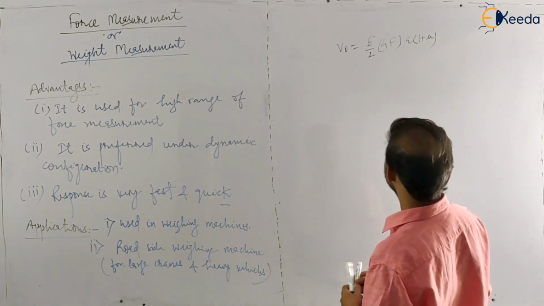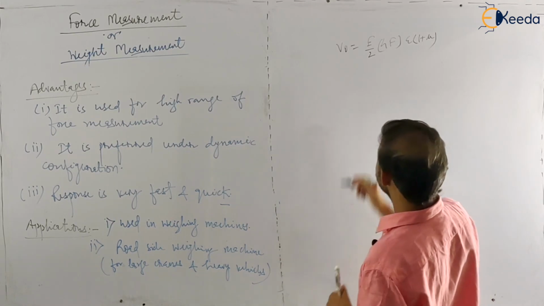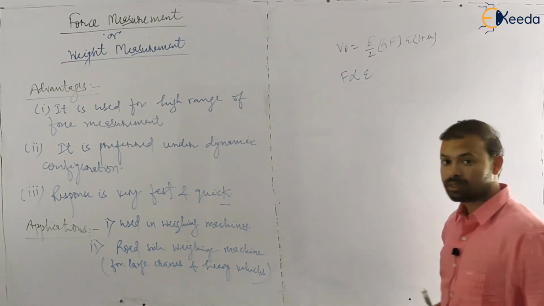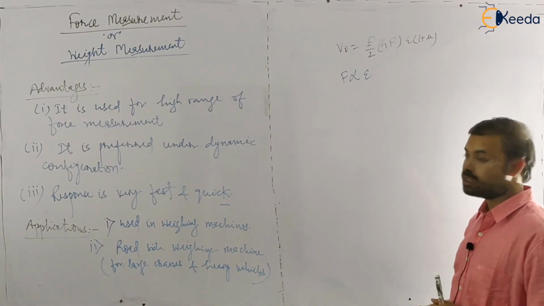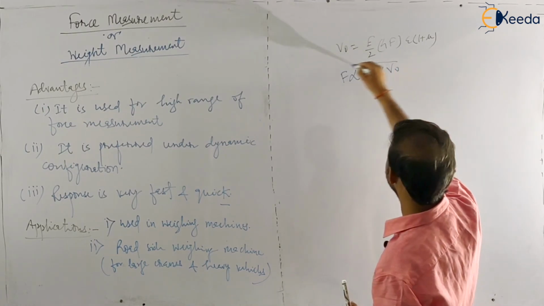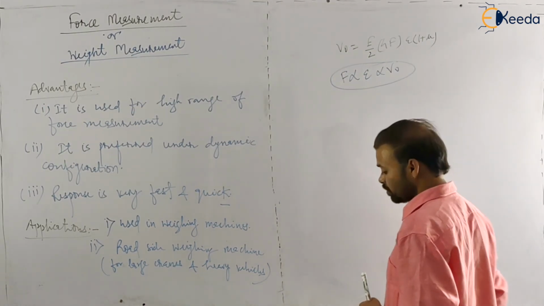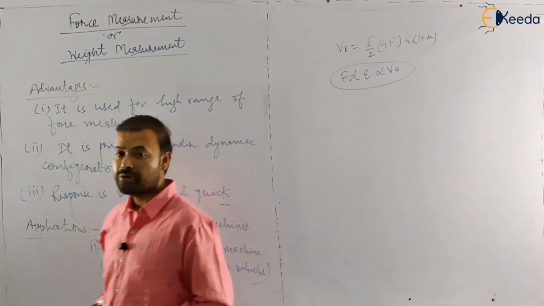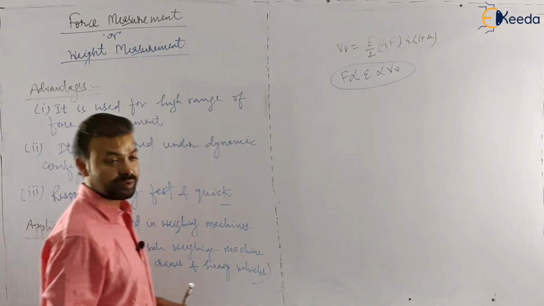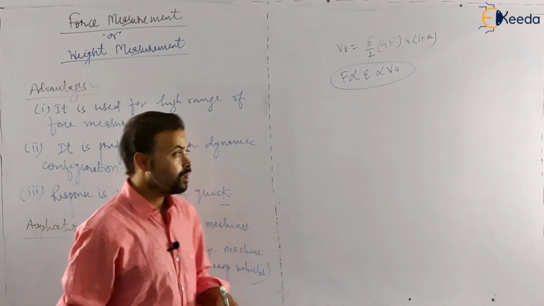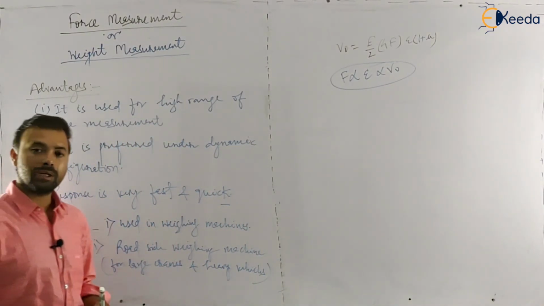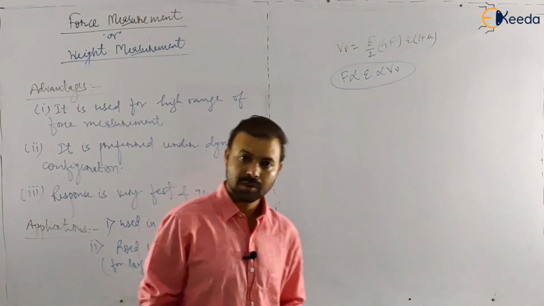The force being applied is directly proportional to strain, and the strain is directly proportional to V naught. So we can calibrate the voltage output in terms of the force. This is the principle of the strain gauge type of load cell. Thank you.